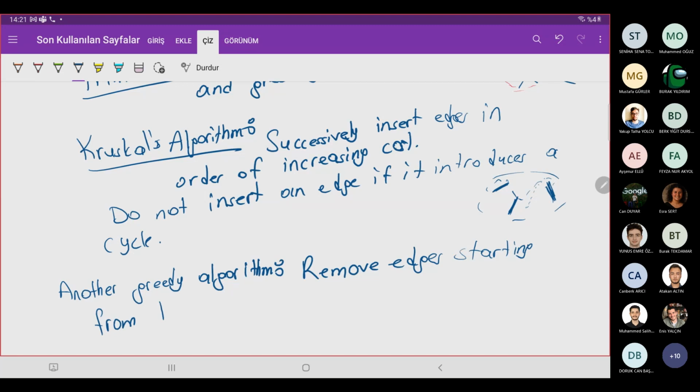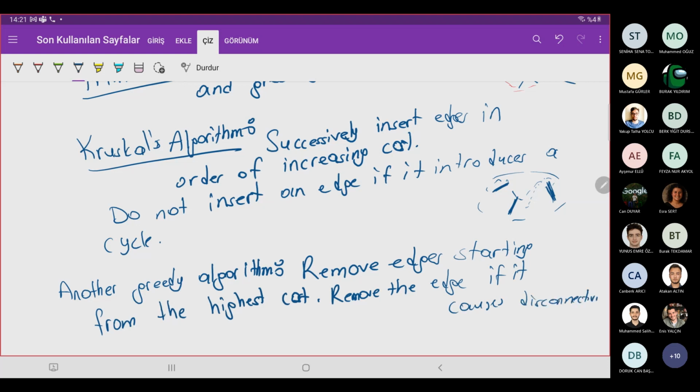So it's like the reverse of Prim's algorithm. Highest cost. Remove the edge if it causes disconnectivity.